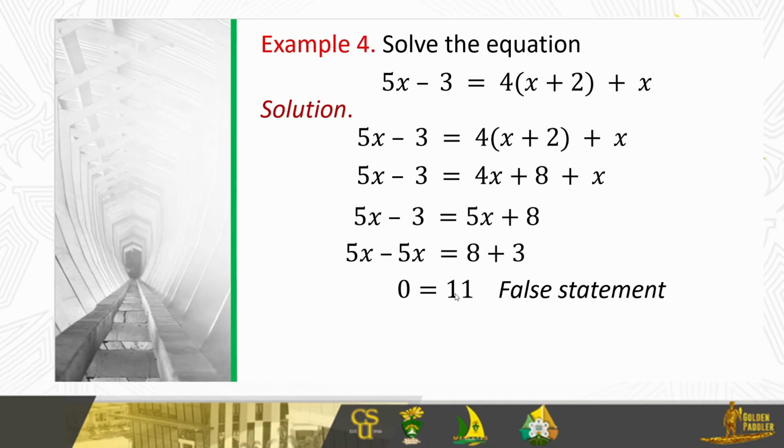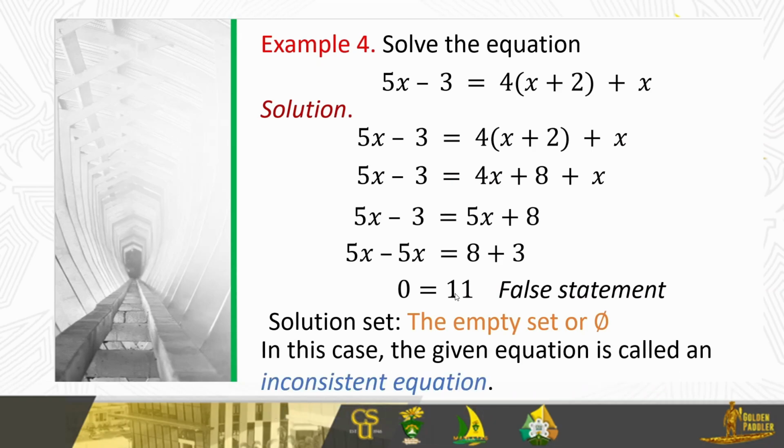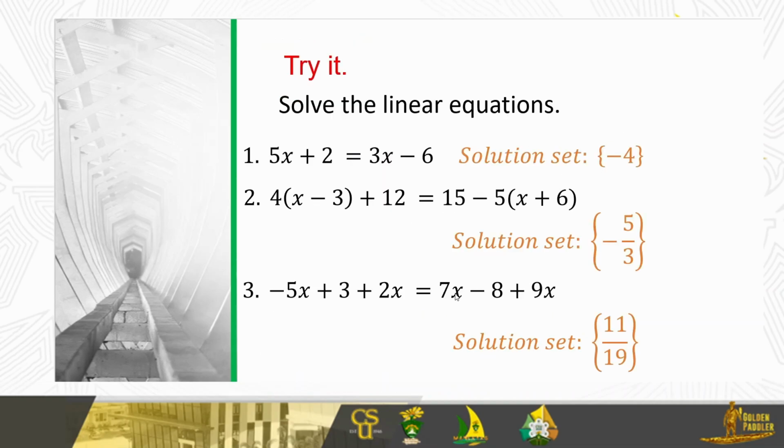So, what does it mean? It means that the equation has no solutions, and the solution set is the empty set, or null set, denoted by this symbol. In this case, the given equation is called an inconsistent equation.